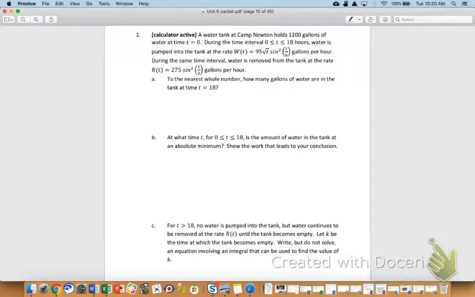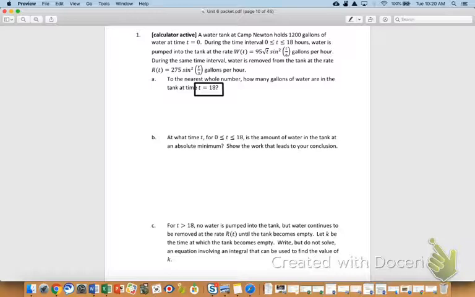Okay. So yes, I will agree with you here. They did give us a time that we're considering, but what other big items did they give us? They gave us rates, did they not? I mean, check it out.